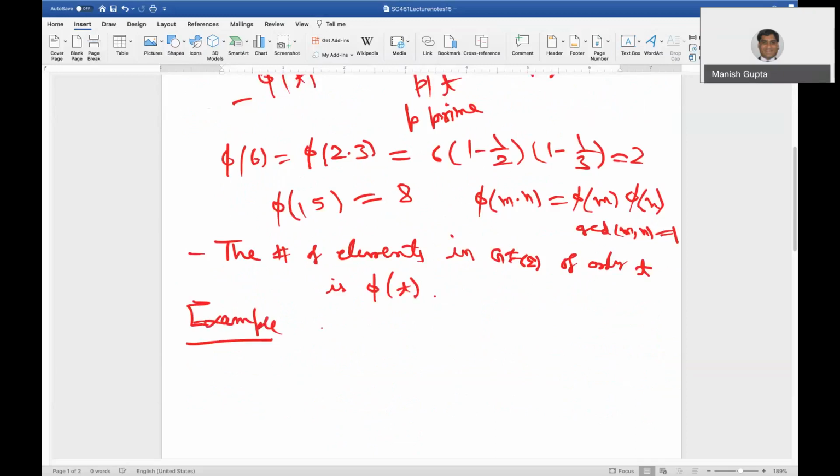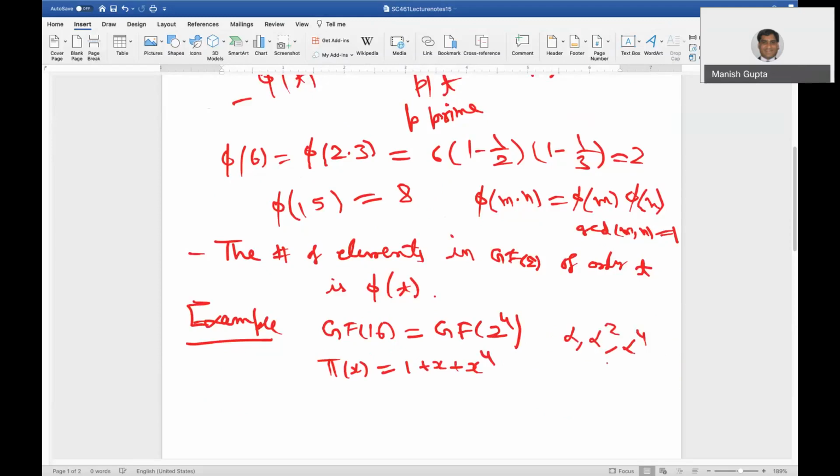In GF(16), which is GF(2) raised to power 4, we know that we construct this using a polynomial 1 plus x raised to power 4. Alpha square, alpha raised to power 4 are primitive elements, while alpha raised to power 3 and alpha raised to power 5 are not. So the order of alpha square, alpha raised to power 4 is q minus 1, that is 15. Okay.